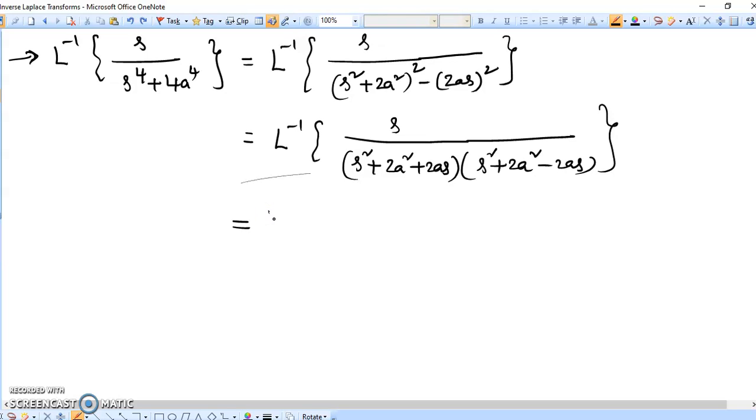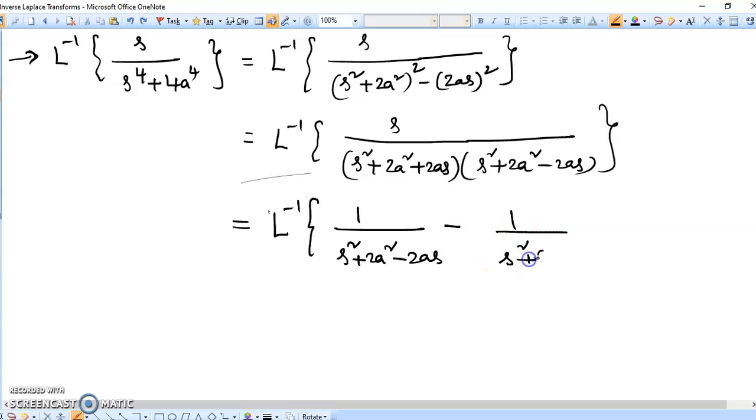We have to apply the partial fractions, and this can be written as 1 by, applying the partial fractions, I am writing this directly: s square plus 2a square minus 2as, minus 1 by s square plus 2a square plus 2as. So this is obtained by splitting into partial fractions, right?